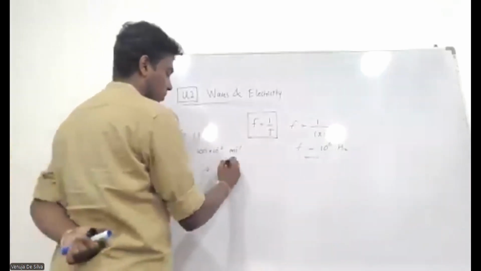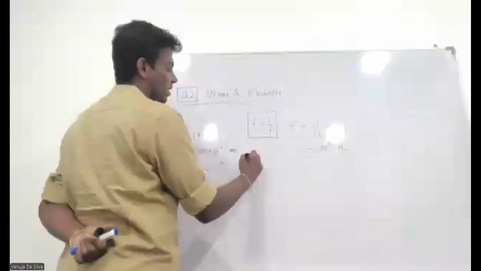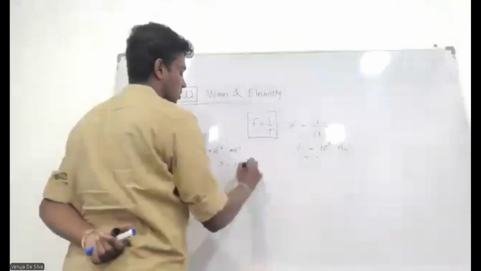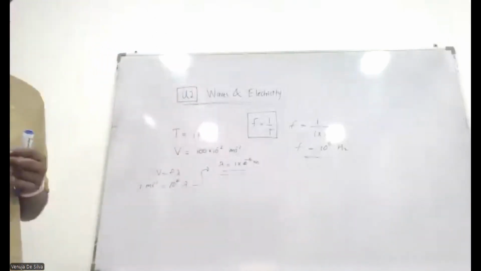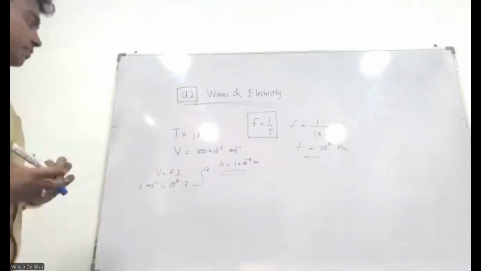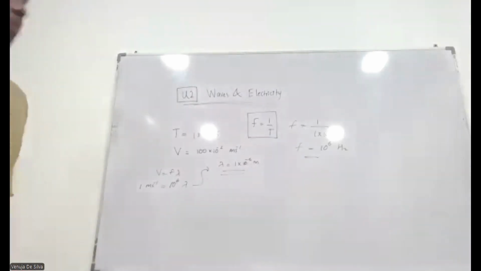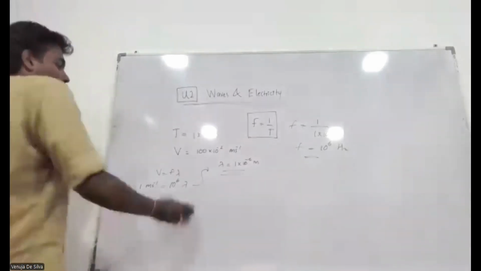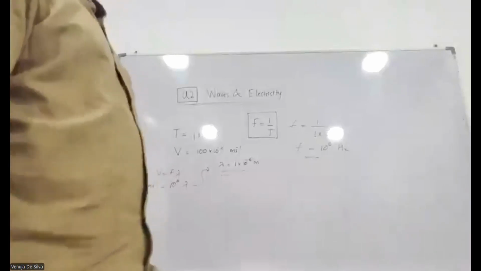So then lambda is going to be equal to 1 times 10 to the power minus 6 meters. That should be your answer. Okay guys? So that is it. Right? Check now? Okay. So that is the answer to the question, right?